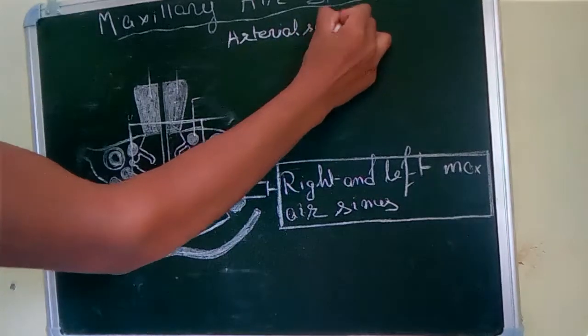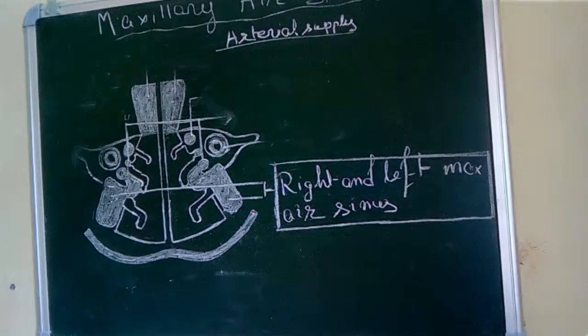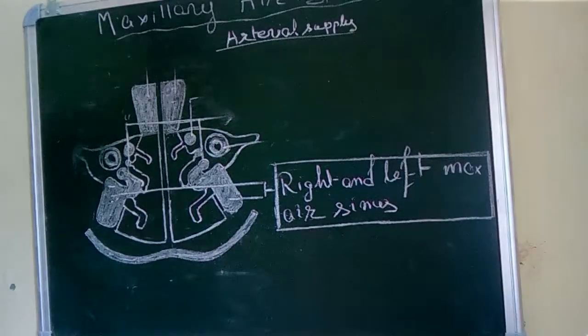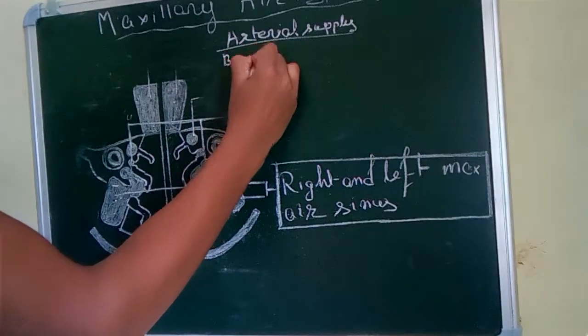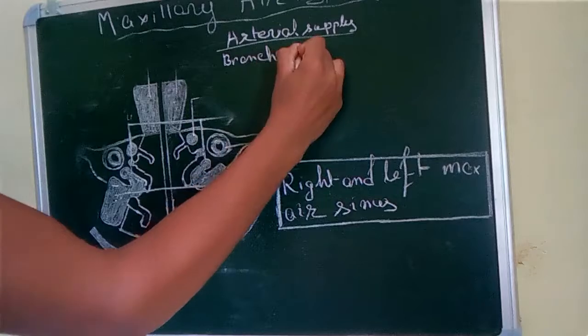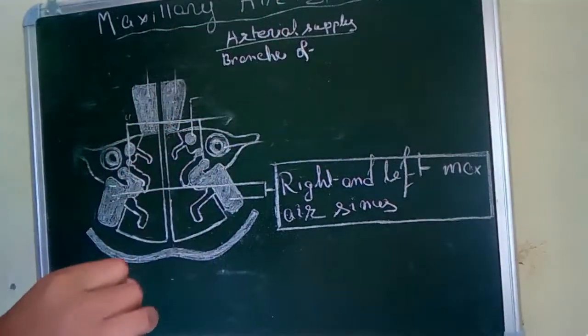The maxillary air sinuses are supplied by the branches of the anterior, middle and posterior superior alveolar arteries.